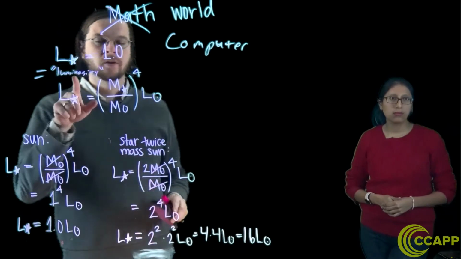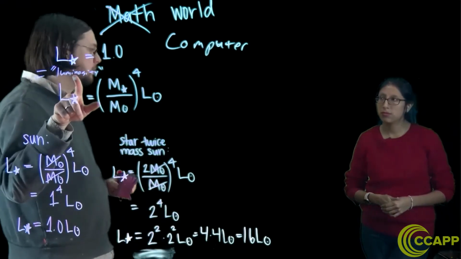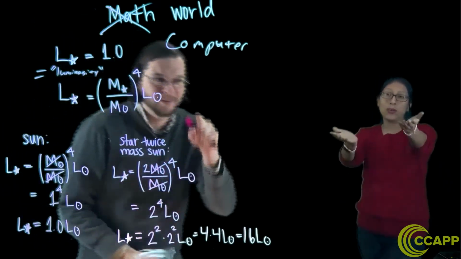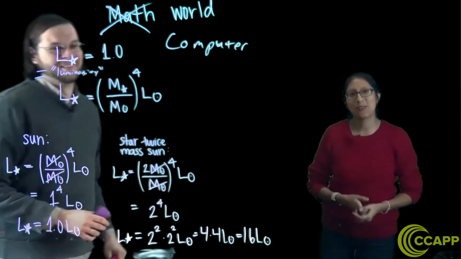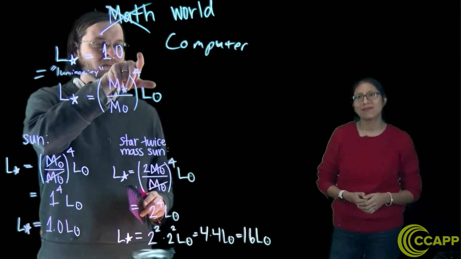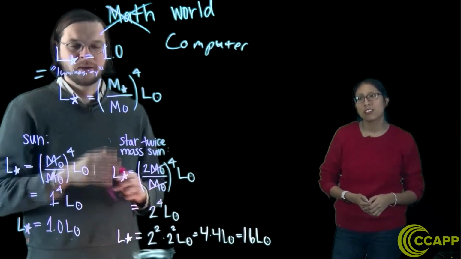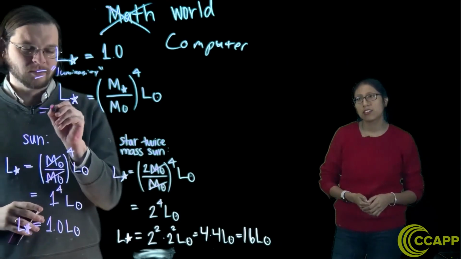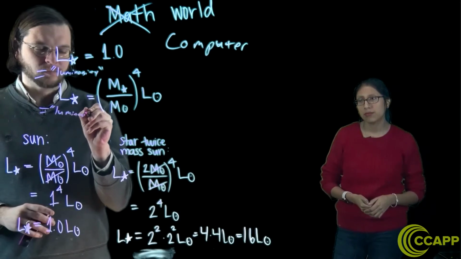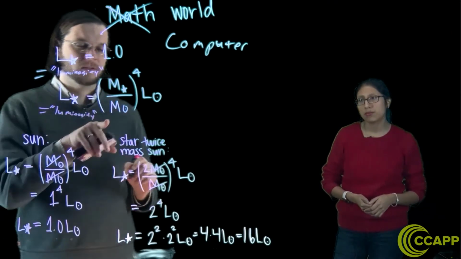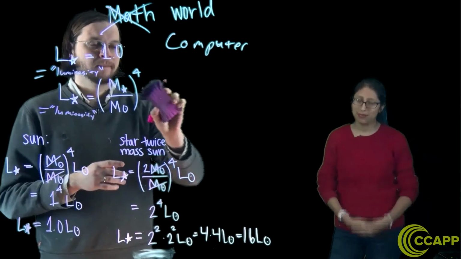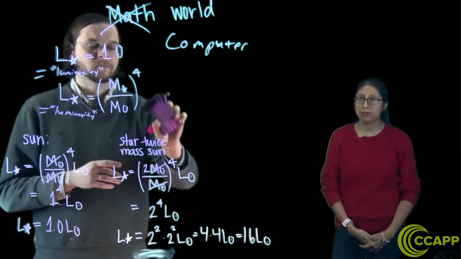Because this is in units of solar luminosity. So we're going to change this to that, and we don't need this in here anymore. And this equation is still equal to this variable luminosity. And we don't need it here either, right? Okay, so we got rid of that.